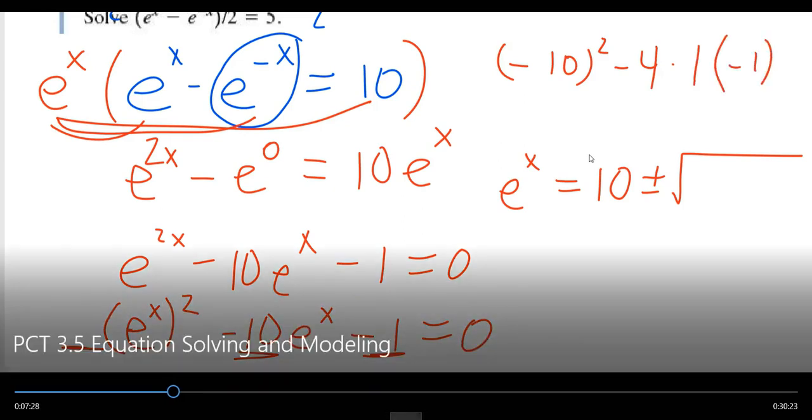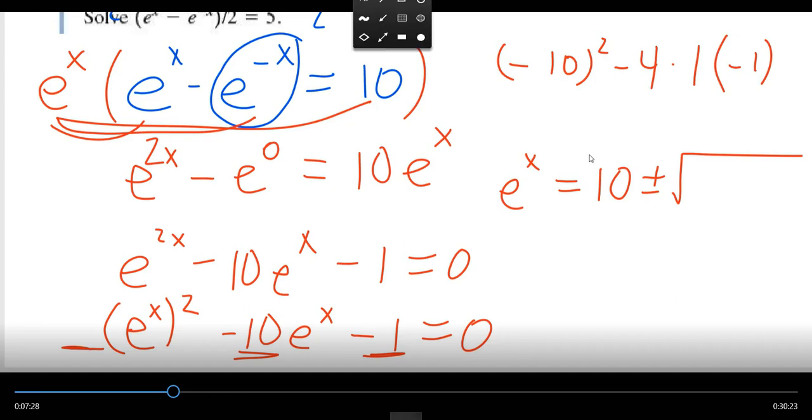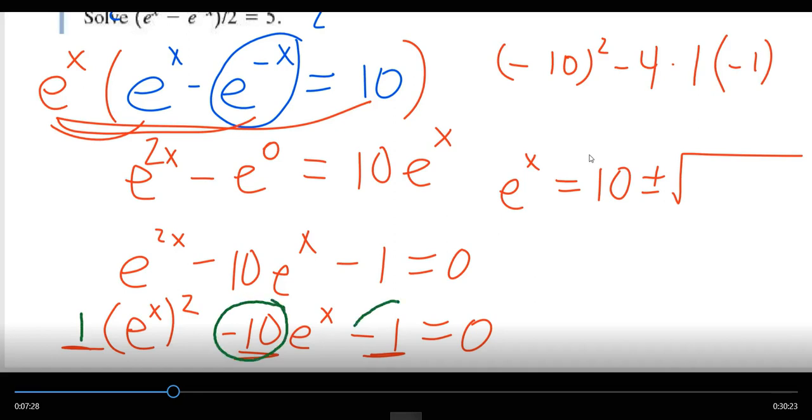Okay, now, do you understand that you have a 1 for A, a negative 10 for B, and a negative 1 for C? You're using those coefficients, A, B, and C, in your quadratic formula.